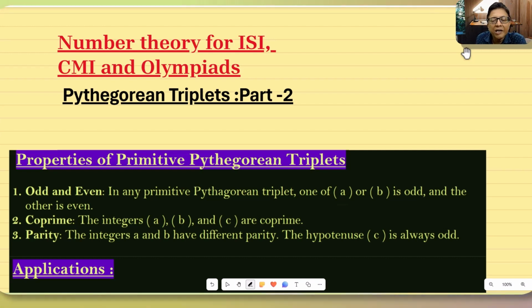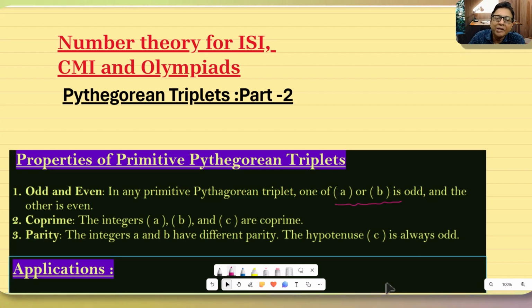And the integers are all coprime. There is no common divisor among A, B and C. Parity: A and B have different parity, which I have told you already. In this case, one of them is odd, the other one is even. So they will have different parity and hypotenuse is always odd.